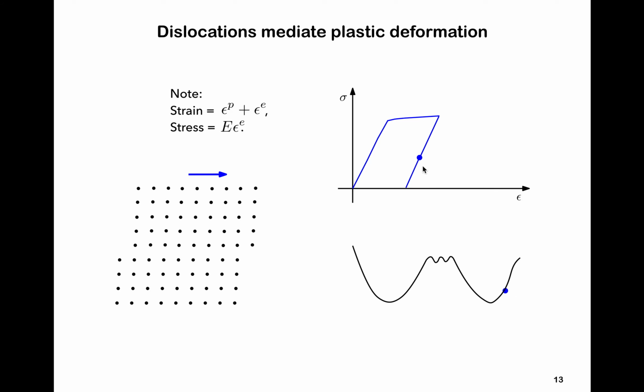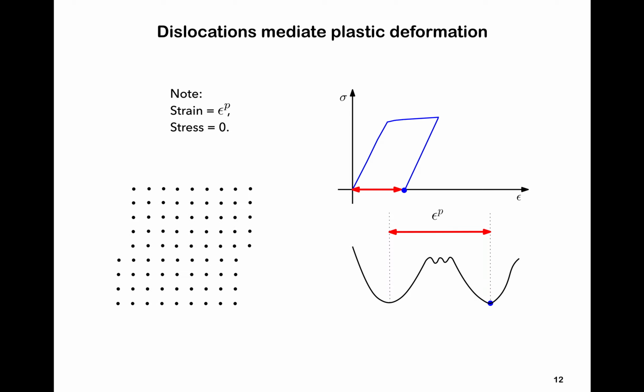So the total strain that you see here at the value of epsilon is the instantaneous strain plus the plastic strain. Okay, and that is what is given here. The total strain is the plastic strain plus the elastic strain, and the stress depends only on the elastic strain. Why is that? Because the previous configuration where you have a non-zero strain is a stress-free configuration. So the plastic strain does not contribute to any stress at all.